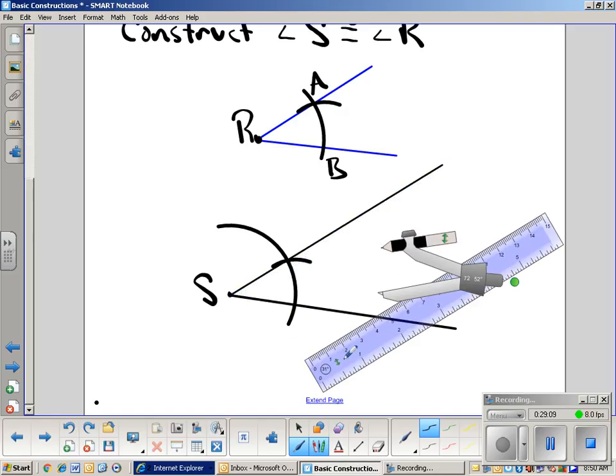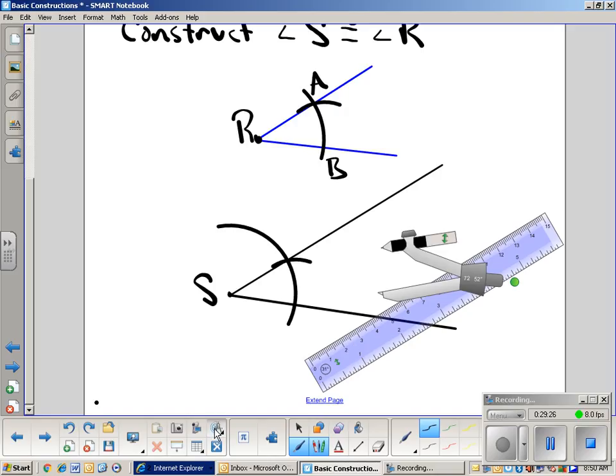And so then when I draw my line from S through that intersection, I get an angle. My angle looks bigger than my blue one, doesn't it? Why does it look bigger? Because I drew the rays longer. That's the only reason it looks different.